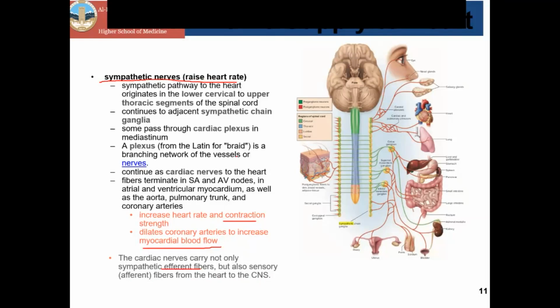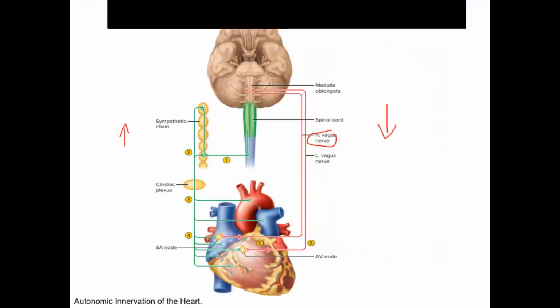Efferent fibers go from the brain to some organs or tissue. For example, these signals that we discussed before go from the cardiac center down to the heart, to the SA node, and our SA node starts to beat faster.